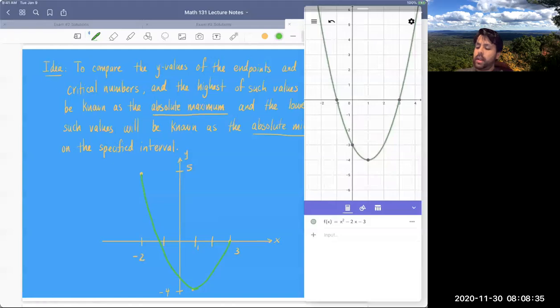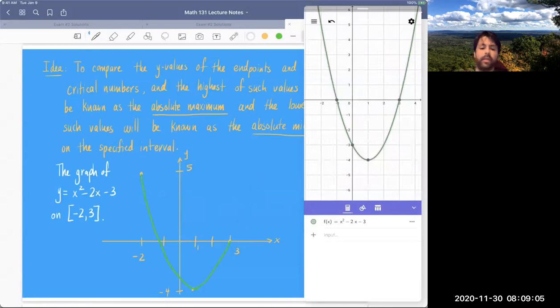So then isn't it obvious as to what's the maximum on this interval? I don't have the rest of this function. I only have a piece of it. So this is the graph of y equals x squared minus 2x minus 3 on the interval -2 comma 3.